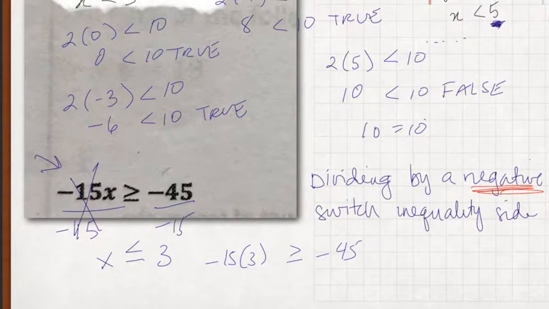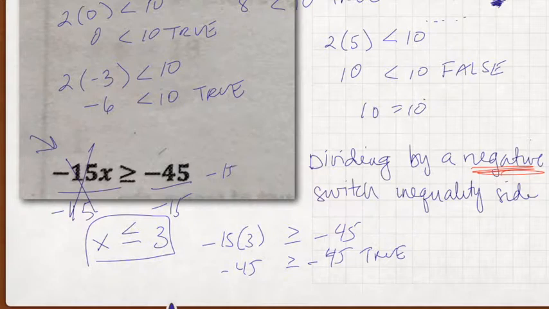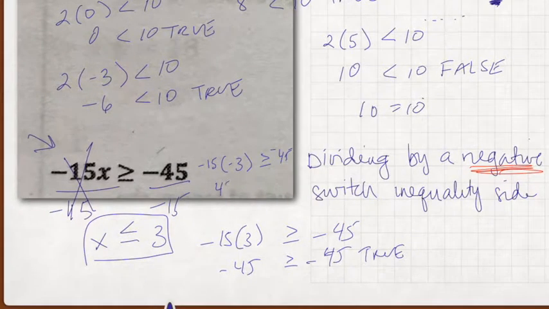Negative 15 times positive 3 is going to give me a negative 45, which is equal to negative 45. So what if I plug in a negative 3 instead of a positive 3? My product of negative 15 and negative 3 is going to be a positive 45, which is indeed greater than a negative 45. So that would also make the inequality true.